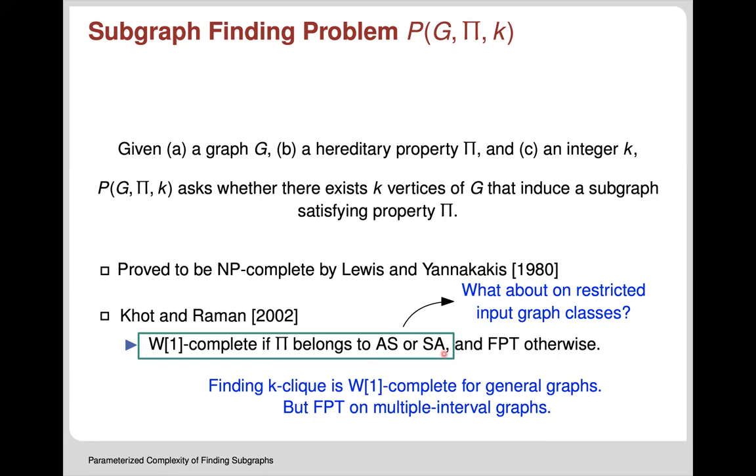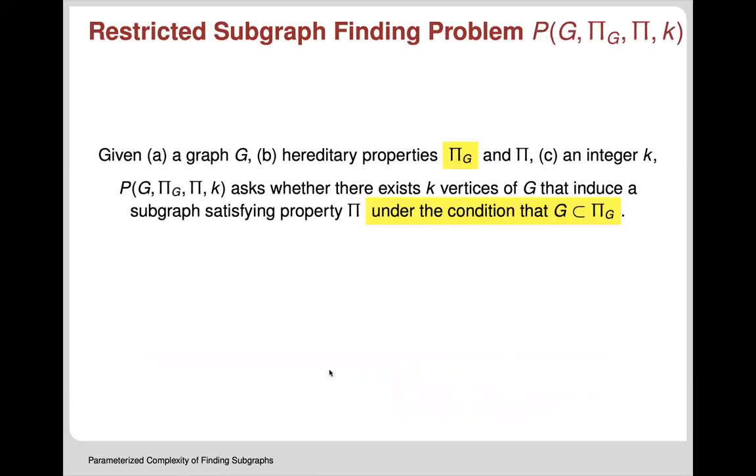On the same theme, we study what happens if I restrict my input graph class. Can we give a fine-grained view for this case? That's why we define this new problem, called the restricted subgraph finding problem.